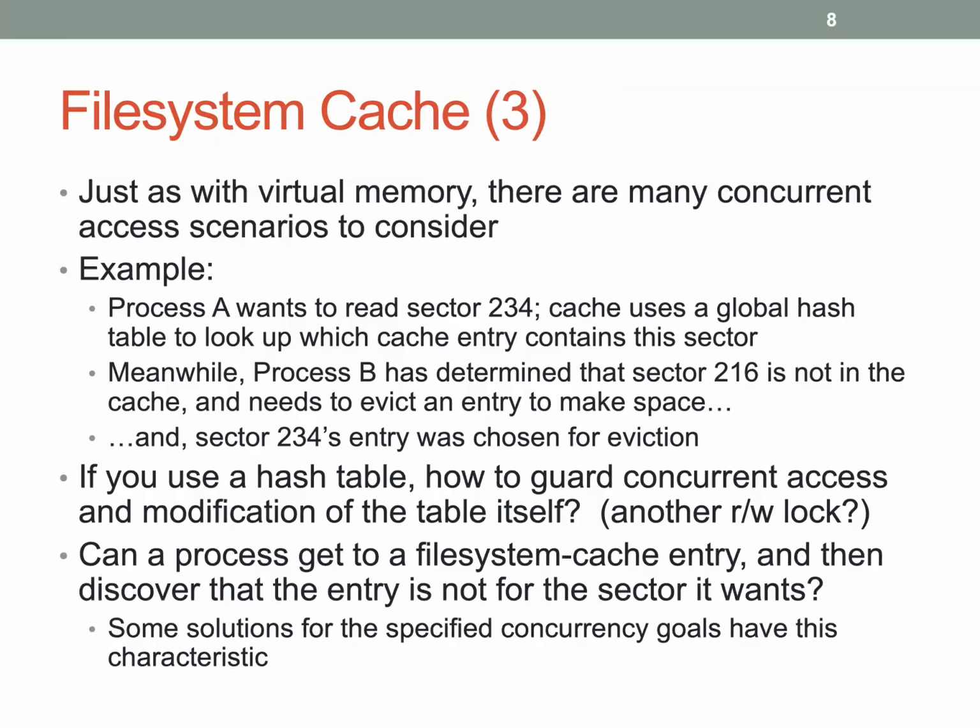Here's another possible approach. Can a process get a file system cache entry and then suddenly discover that the entry contains a different sector than it thought it contained? Now, you may read that point on the slide and say, that sounds like it would be a bug, because you look up in the hash table, I need sector 234, it's in cache entry 21, and then you get to cache entry 21, and it's got a different sector other than 234 in it.